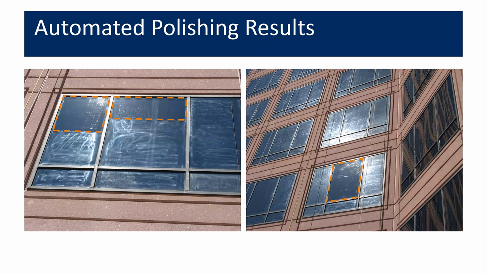This isn't the final product, but you can see highlighted in the orange areas where this automated process was initially used as a first pass to improve the appearance of the glass. And you can see it was dramatic. Subsequent passes restored the glass to acceptable optical clarity. So you can see that there's a considerable improvement in this process.